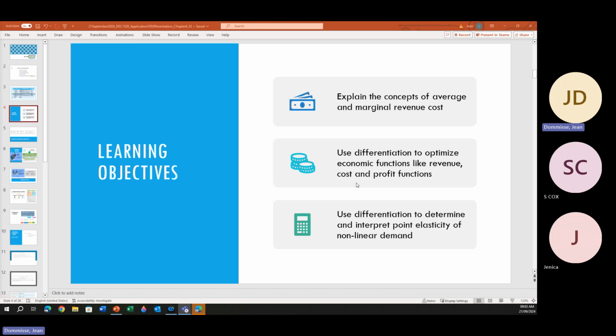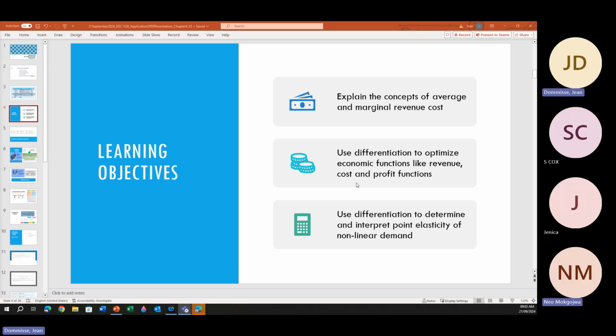Now we will need to work out elasticities for non-linear. So elasticities for a graph that might be a cube or quadratic or anything like that. So we will need to work out elasticities for non-linear graphs as well.